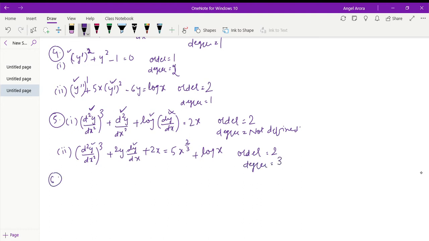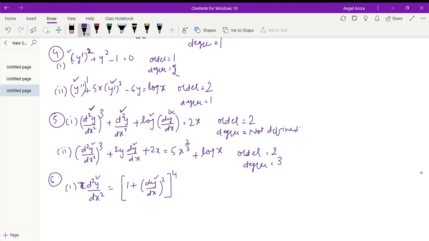Sixth question, first part. x d squared y upon dx squared is equal to 1 plus dy upon dx squared raised to 4. So in this equation, this is second order derivative, this is first order derivative.